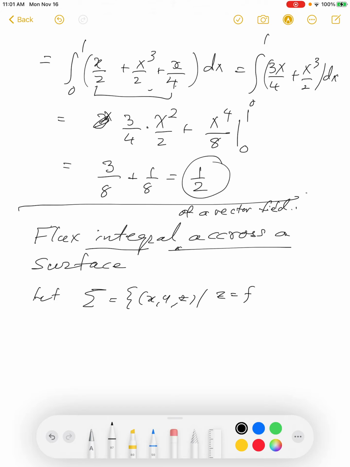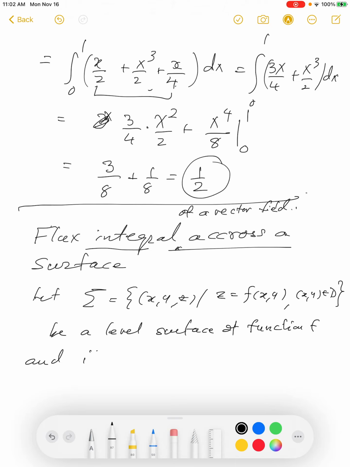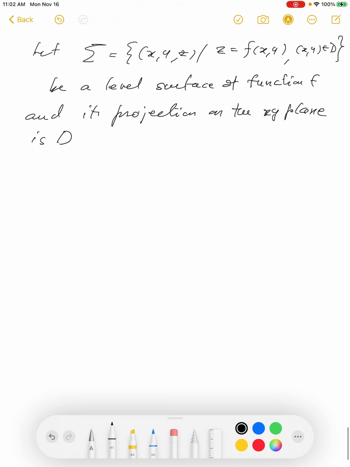It's a level surface of the function little f, and my xy varies over d. So this is a level surface of function f, and its projection on the xy plane is d.